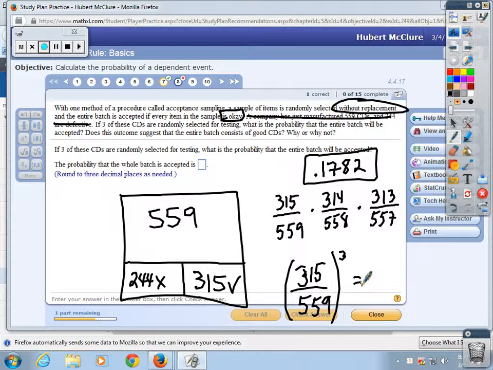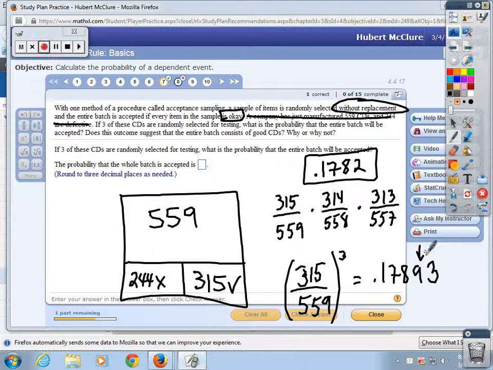Somebody give me that to 5 digits. 0.17893. So there's a little bit of difference. I knew there'd be a little bit of a difference there. But usually they want you to go to 3 digits.